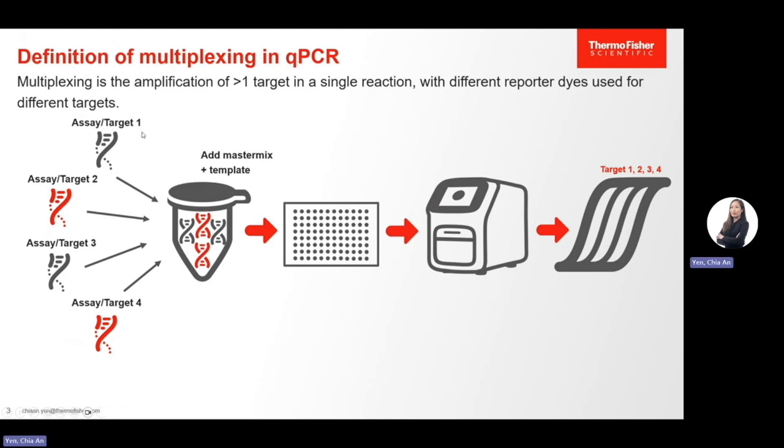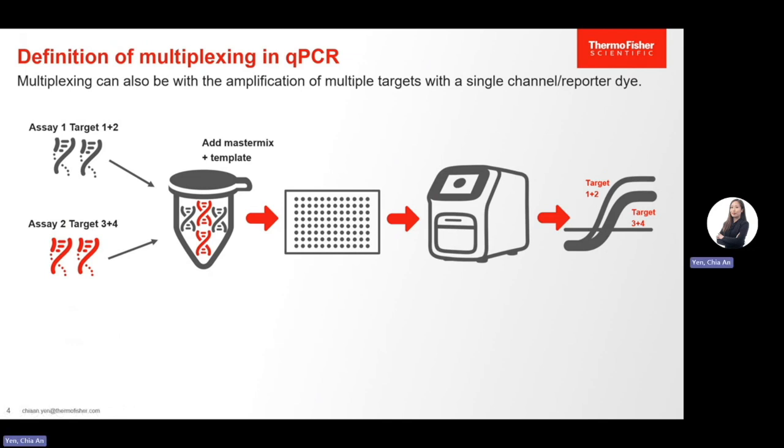For the probes used in this case, target 1, 2, 3, and 4, they each have an assay with a unique reporter dye. If you mix all of them together with master mix and template, or your sample, and run the qPCR reaction, you end up with 4 distinct signal outputs, one for each of the different targets.